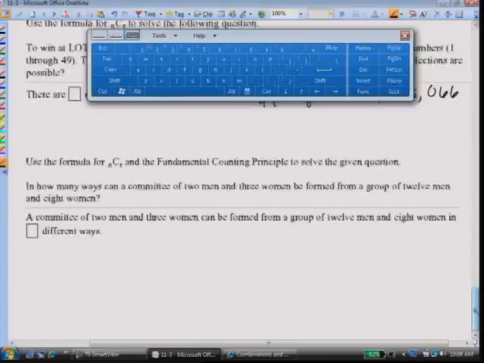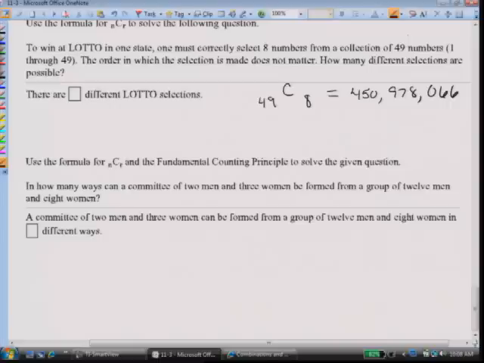All right, now this one's a little bit trickier because we have to use the fundamental counting principle along with the idea of combinations. In how many ways can a committee of 2 men and 3 women be formed from a group of 12 men and 8 women? So what you want to do first is consider how many groups of 2 men you can get if you have 12 men.